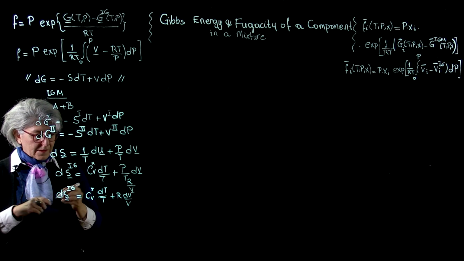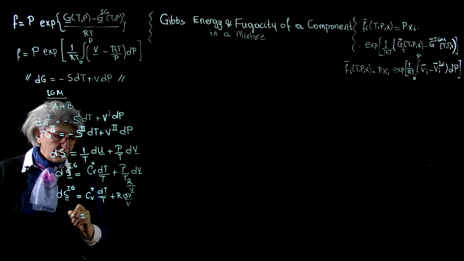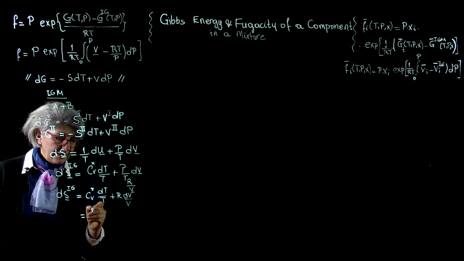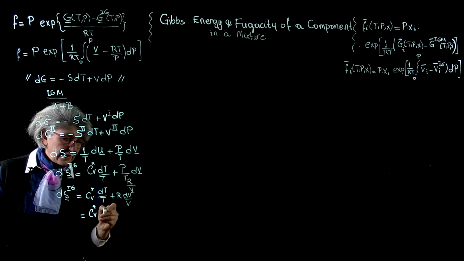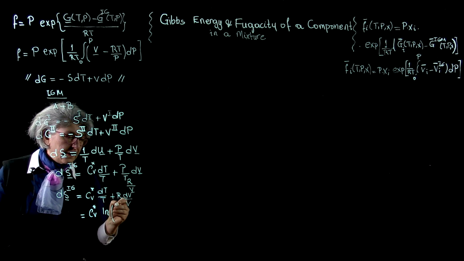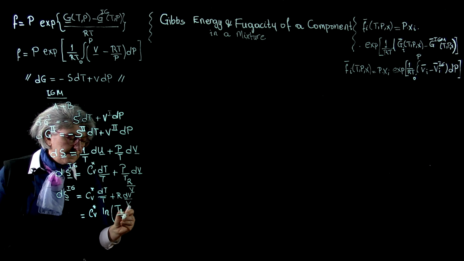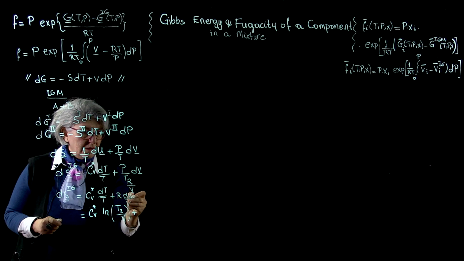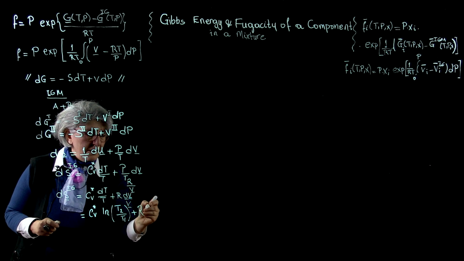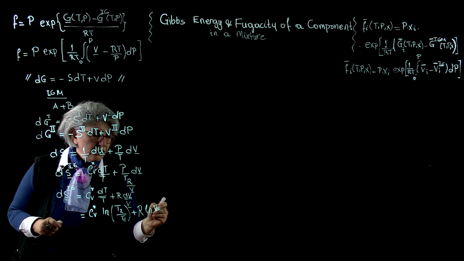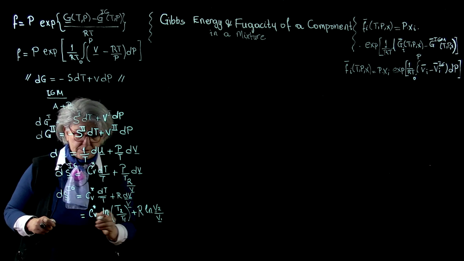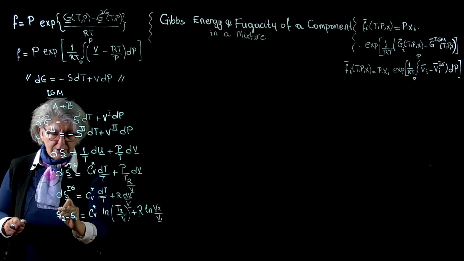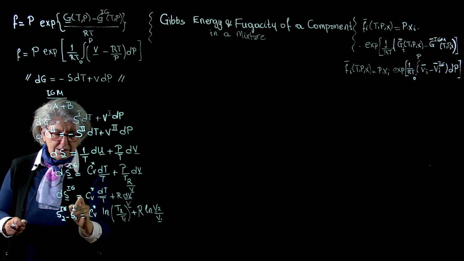Now, each of these terms can be independently integrated, giving us Cv star ln T2 over T1 plus R ln V2 over V1, which is S2 minus S1 under ideal gas conditions.